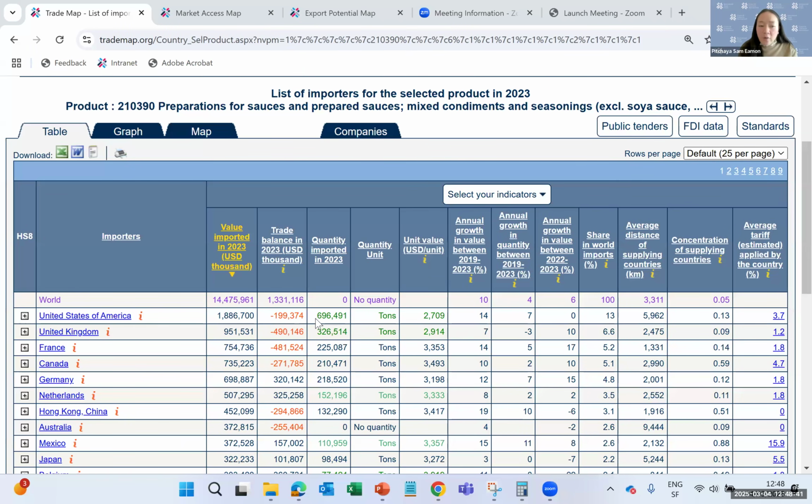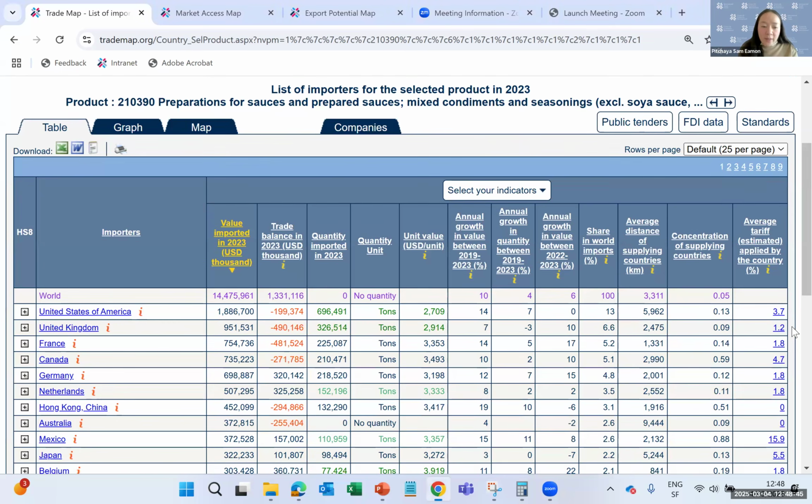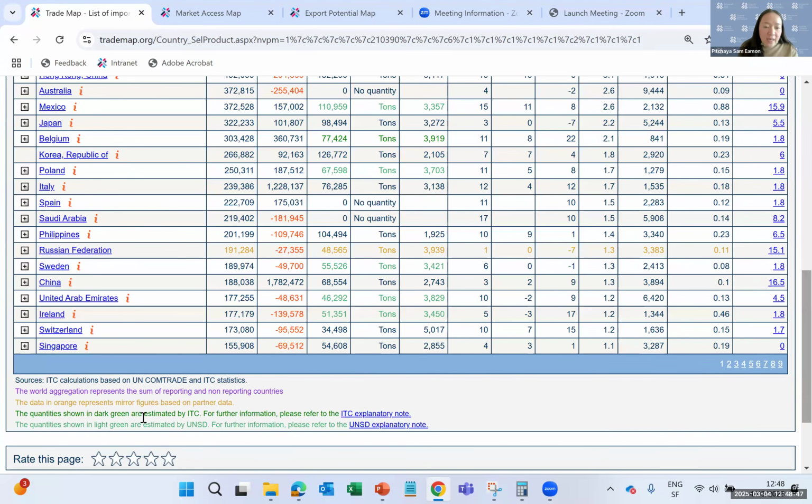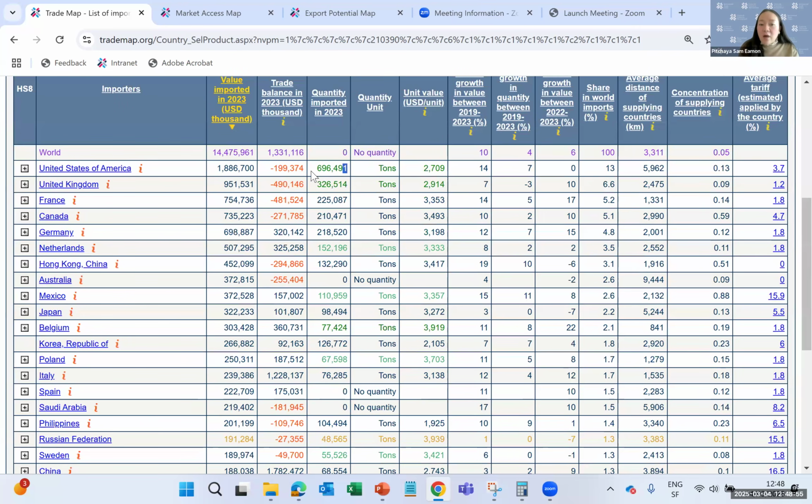I mentioned to you before that the colors actually have a legend at the bottom. You see here, the dark green is estimated by ITC and the light green is estimated by UNSD. This is because sometimes they don't provide the quantity, so we have to do the estimation based on historical data.